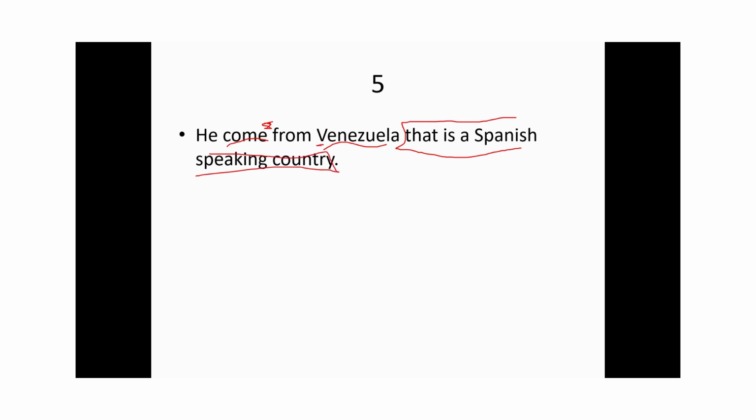I can see Venezuela has a capital letter too, which means the adjective clause that gives information about it needs to be separated with a comma. Okay, and when I use commas in adjective clauses, I cannot use that. I have to use either who or which, and in this case, we will use which. So, he comes from Venezuela, which is a Spanish-speaking country.